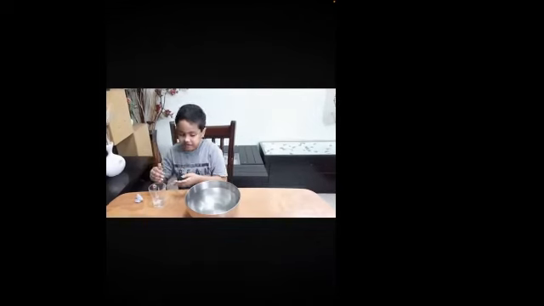Air is in the glass and water has no space to enter the glass because air is already in. And so when we tilt the glass, air has space to go out from the glass and comes out in the shape of bubbles. And water has space to enter the glass and make the tissue wet.